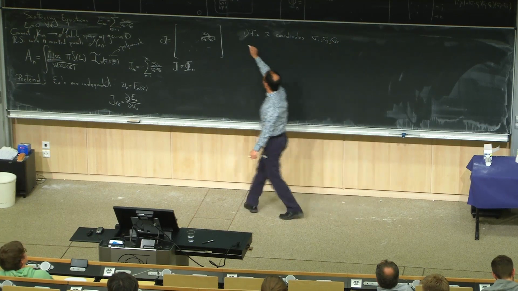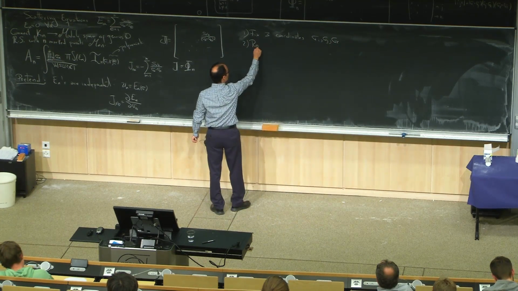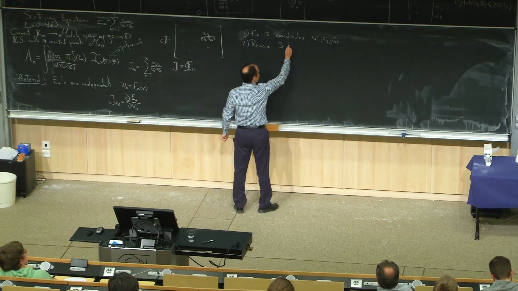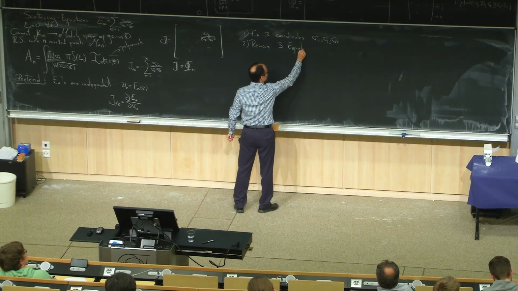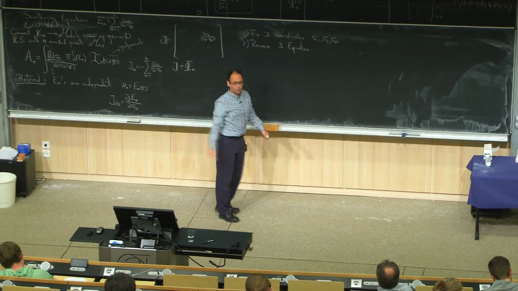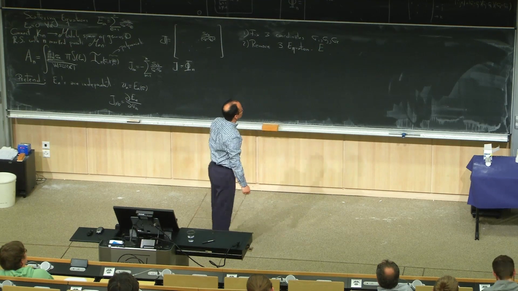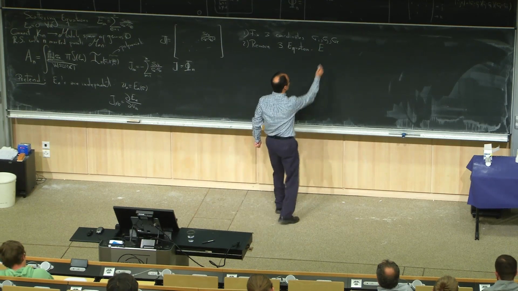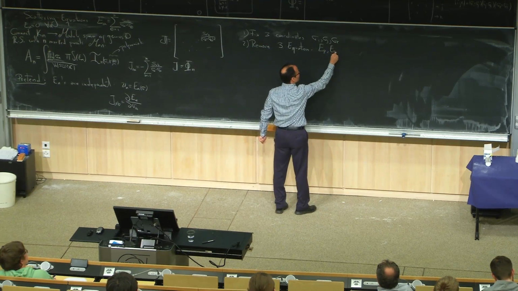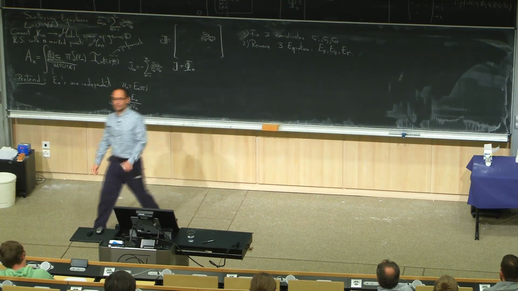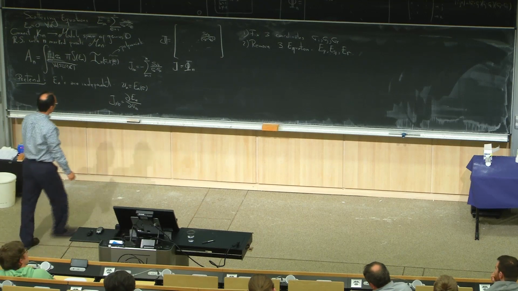And second, I'm going to remove 3 equations. Which ones are we going to remove? Let me see. Oh, I cannot see. It's maybe E_P, E_Q, and E_R. Those are the 3 equations I'm going to remove.